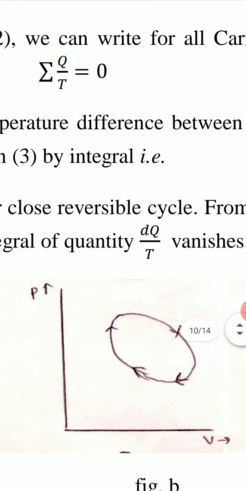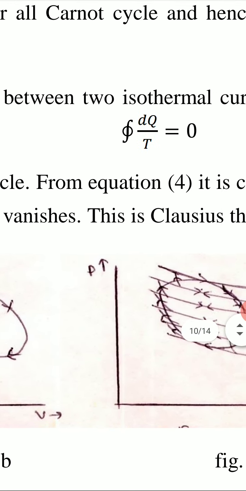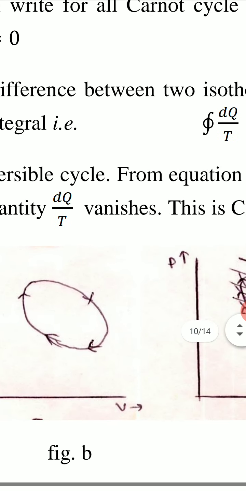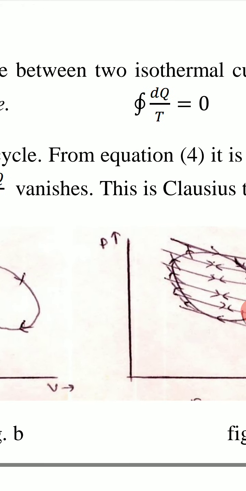Summation is replaced by integral, and we write in place of Q as dq. dq is the small heat absorbed by the system.